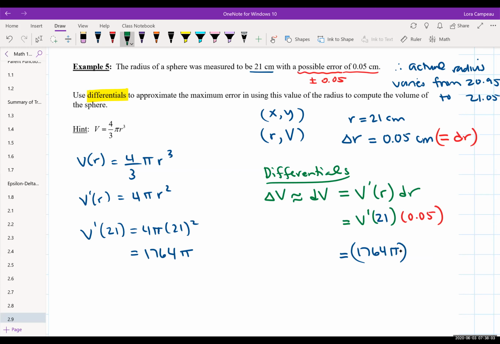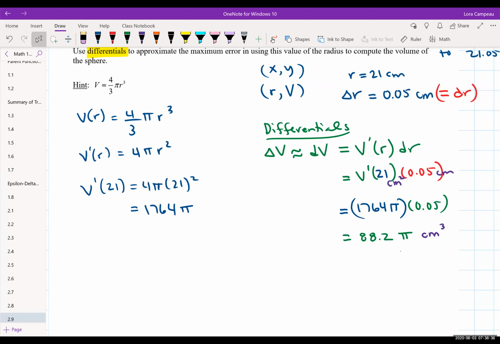Multiplying that by the 0.05, the dr, I get, in terms of pi, 88.2 pi. Remember, volume is in terms of cubic units. That makes sense because we had a centimeter here, and when we squared our 21, we had centimeters squared. So that gives you cubic centimeters.